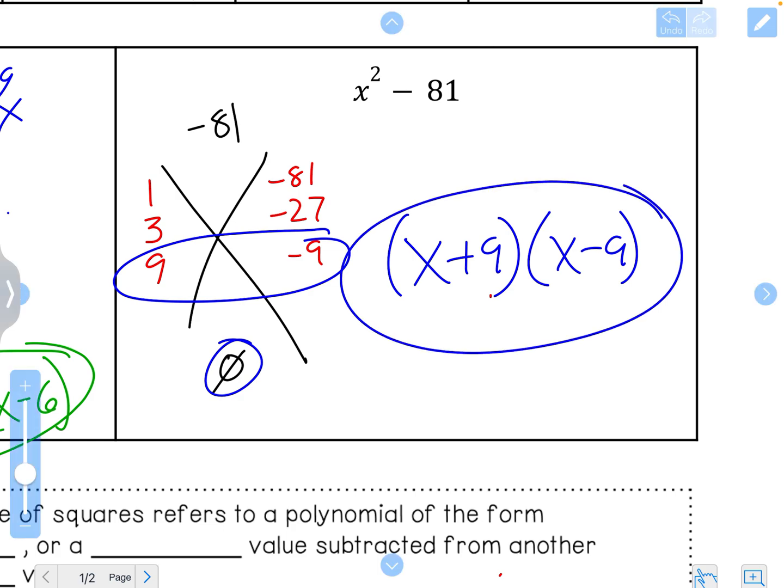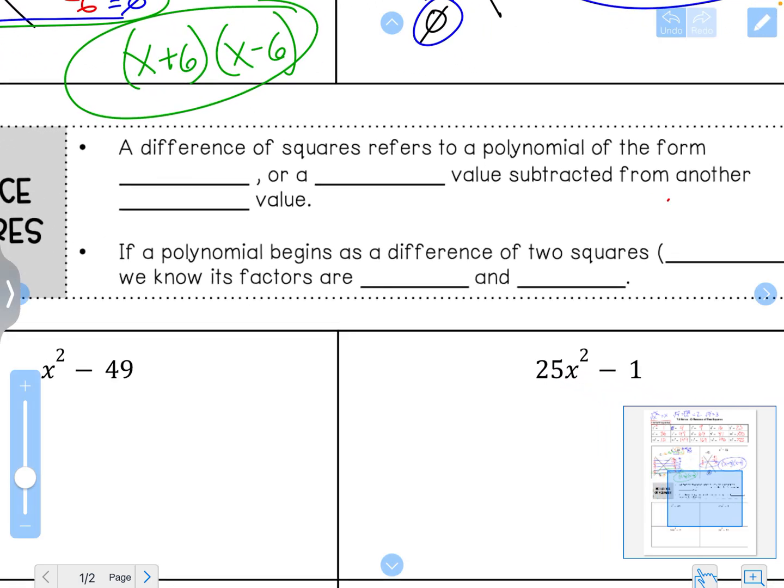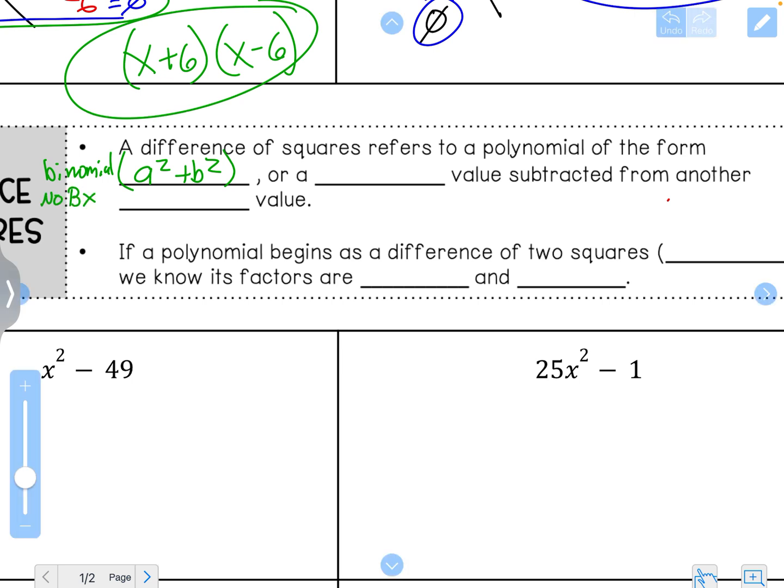So we can do most of these problems without the trick I'm about to show you. So again, difference of squares is a polynomial in the form of a squared minus b squared, which means it's a binomial. And that means that there is no bx term.